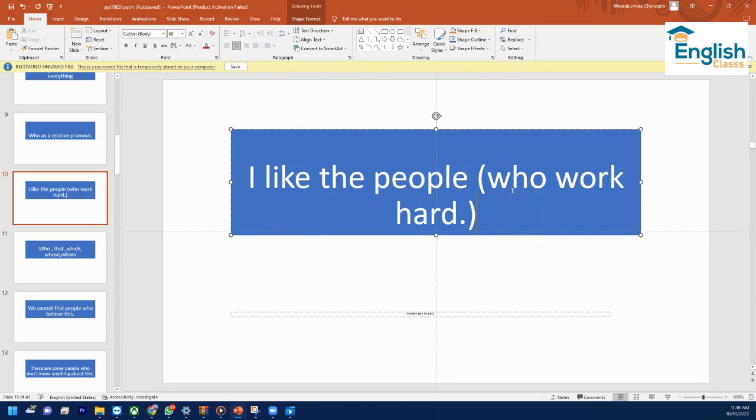The word who has been used instead of the subject, the people. Instead of using the people, we have used the word who. Who work hard is the relative clause here.